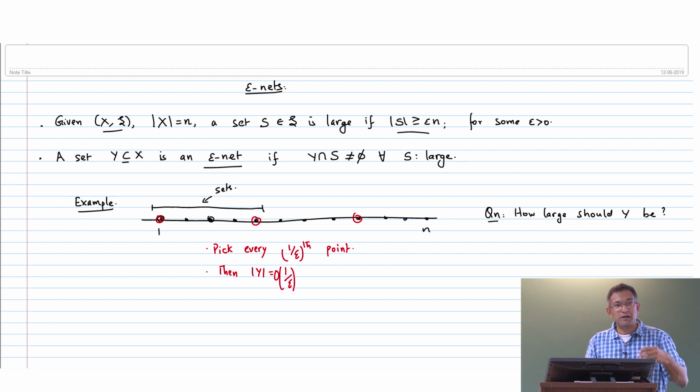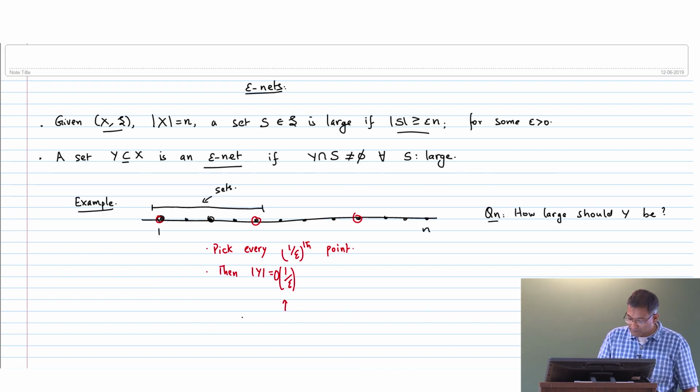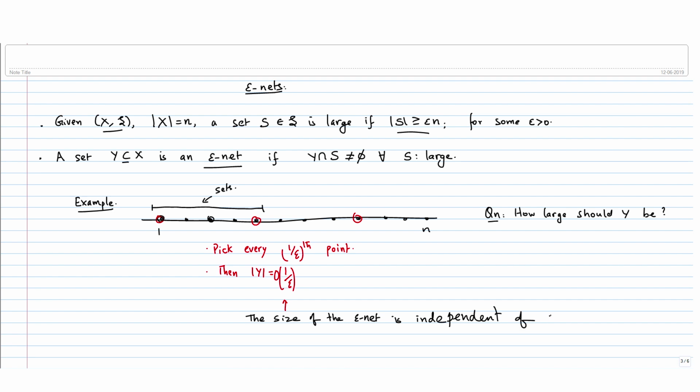So if you want to hit all intervals containing at least 1/10 of the points, pick every tenth point. That's an epsilon net. The important point is that the size of the epsilon net is independent of n.